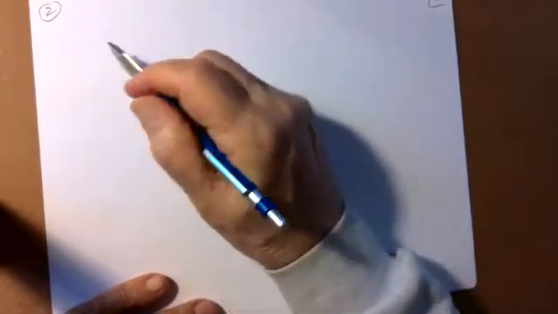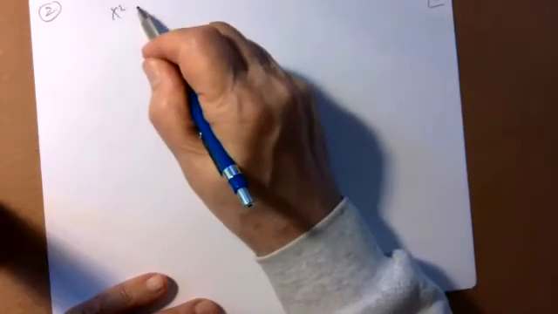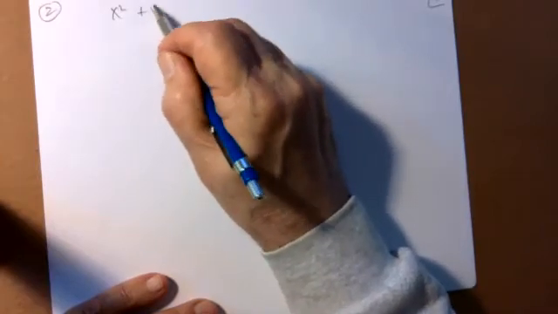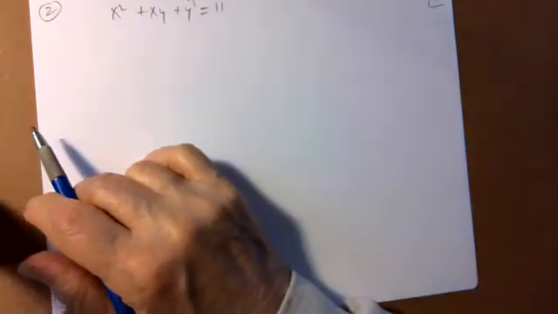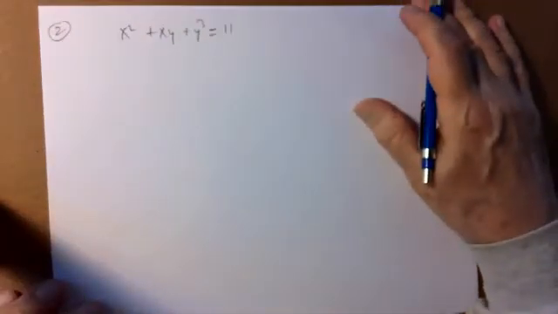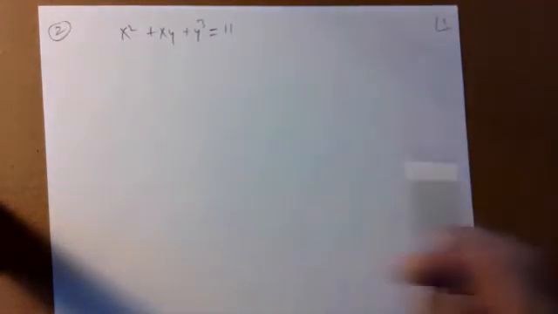Problem 2, we have a curve x squared plus xy plus y cubed equals 11. And we want to find dy/dx by implicit differentiation.